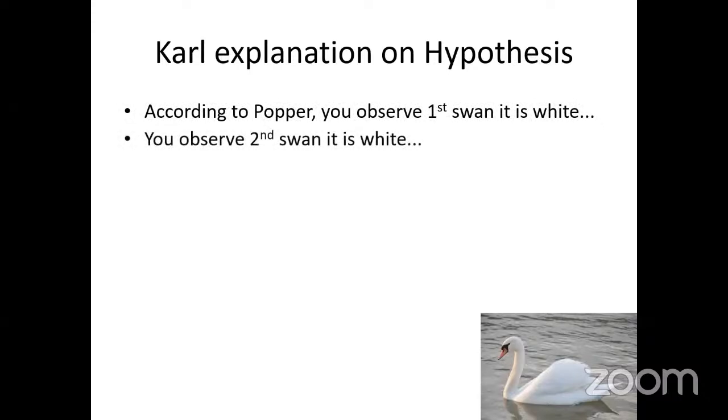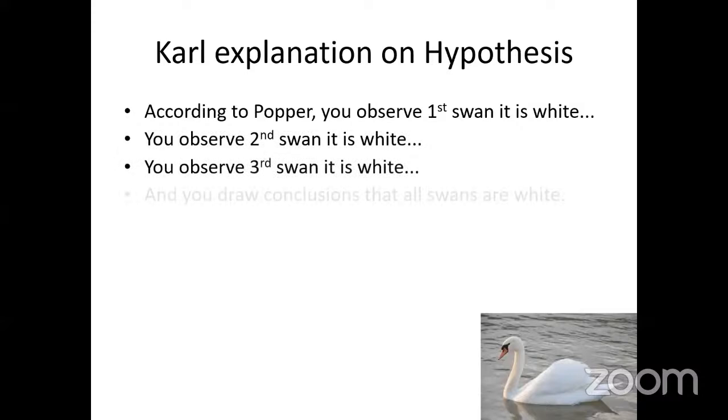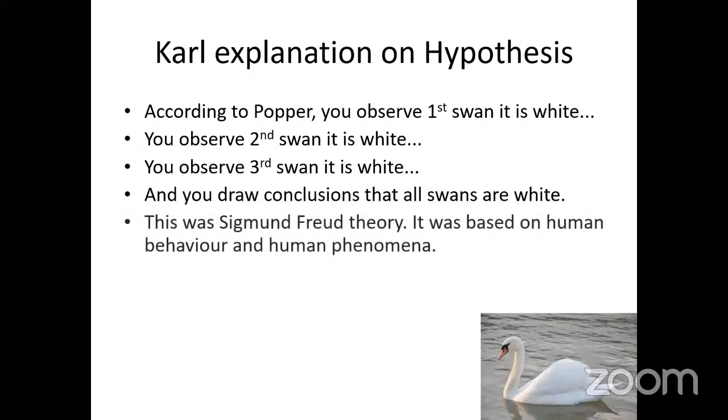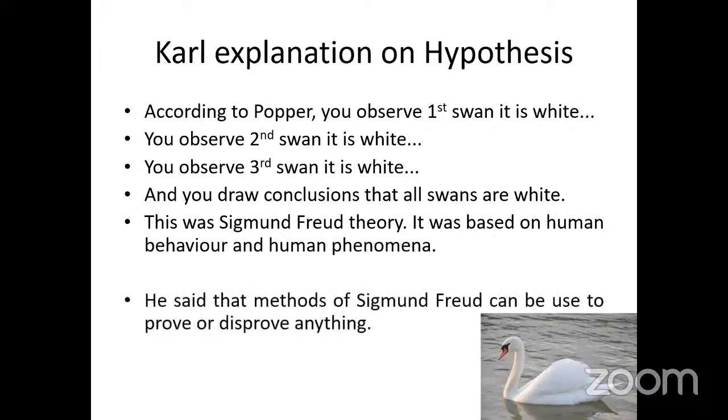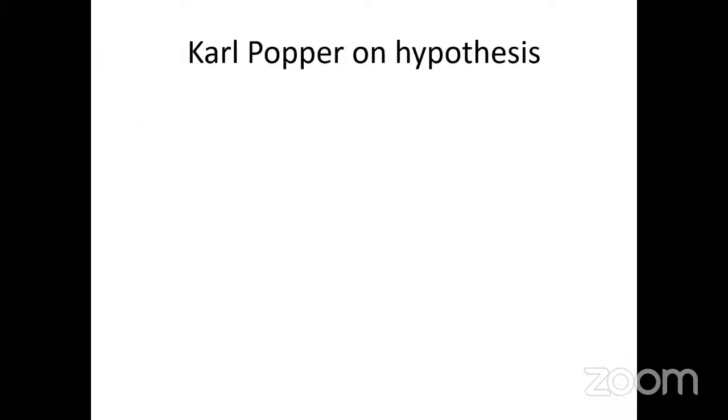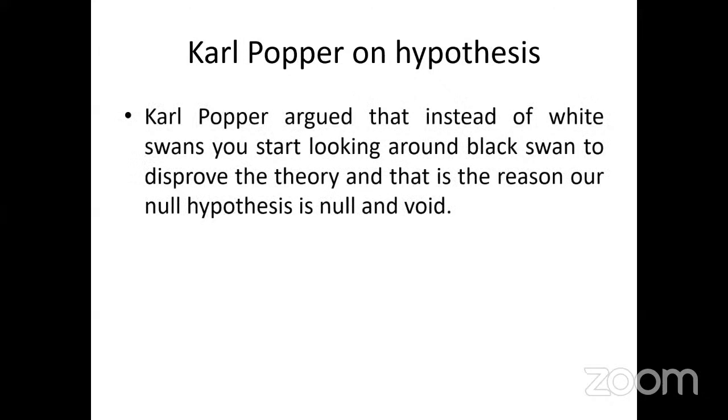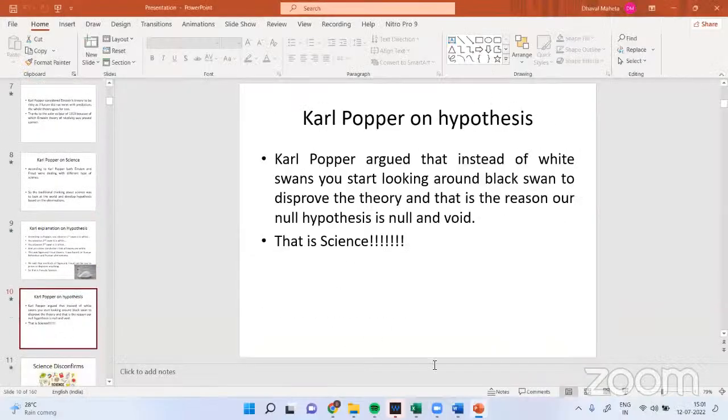You observe the second swan, it is white. You observe the third swan, it is white, and you conclude that all swans are white. That is not science. This is a Sigmund Freud theory. So he said that if you want to prove that swans are white, instead of looking for white swans, you start looking around for black swans. And if you don't find any black swans, you will say that all swans are white. That is science.